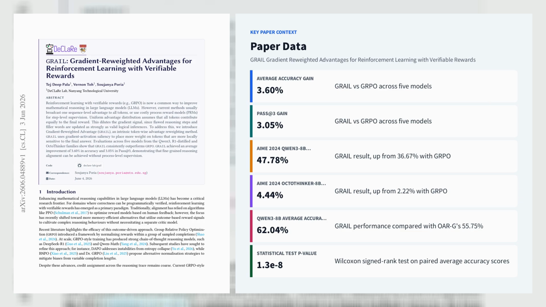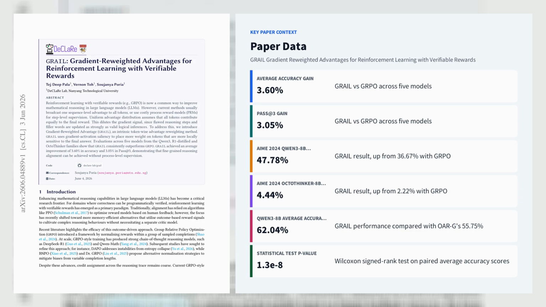Across 5 models from the Qwen 3, DeepSeek R1 Distill Llama 8B, and OctoThinker families trained on DeepMath 103K, GRAIL improves average accuracy by 3.6% and pass at 3.3.05% over GRPO on 6 math benchmarks.